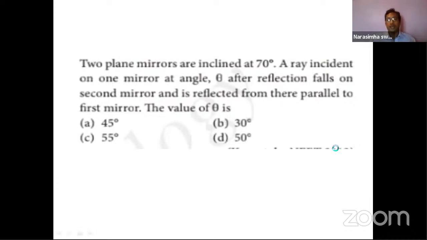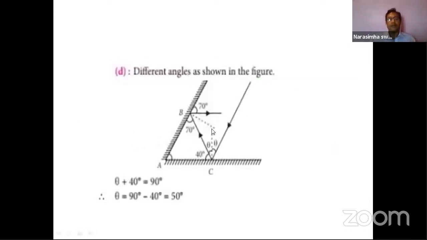So here is the diagram. This one and this one are both mirrors. The angle between them is 70 degrees, as given in the figure. Now a light ray is incident at a certain angle to the normal, the dotted line.